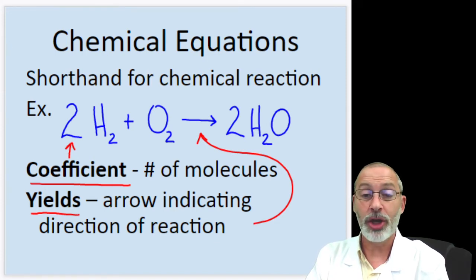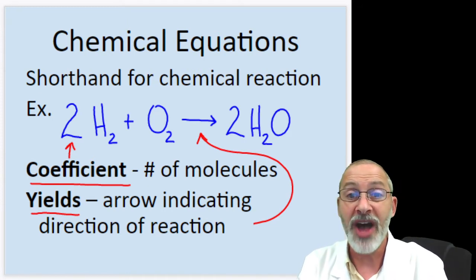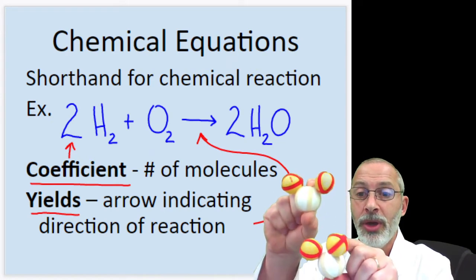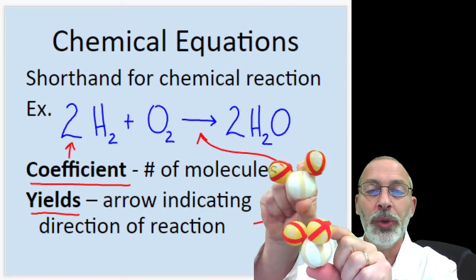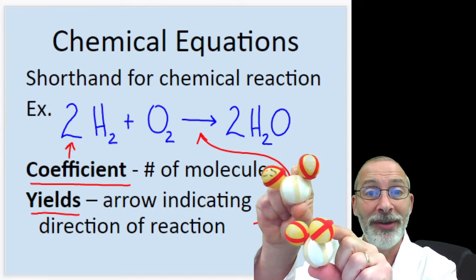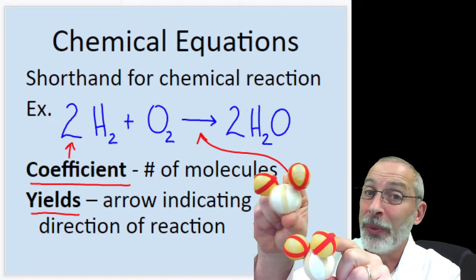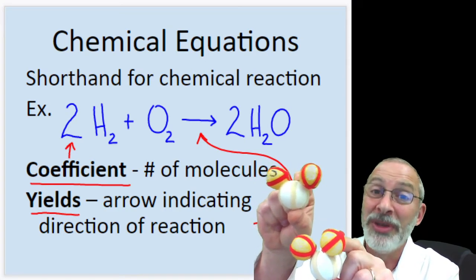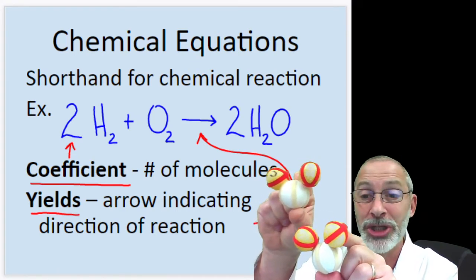And what that coefficient of 2 is telling us is that if we follow this recipe, this chemical equation for making water, we're going to get 2 molecules of water. Now, again, that may not seem like a big deal to you yet, but when we get into balancing equations later on, this is going to be very not only useful, but critically important information.